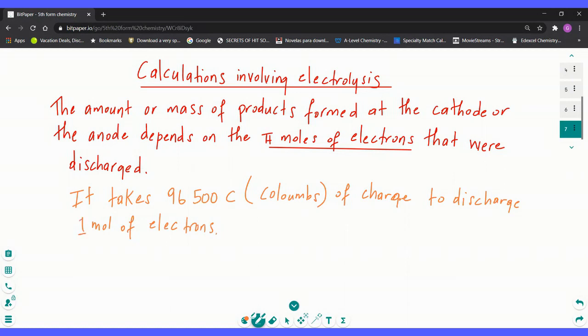The C represents coulombs. So if you want to move 1 mole of electrons during electrolysis, you need 96,500 coulombs in order to get them to move.